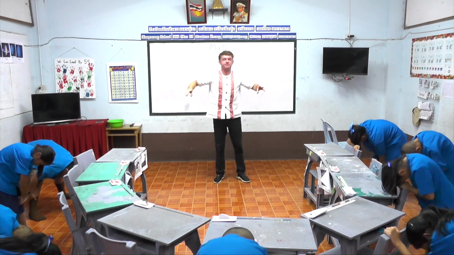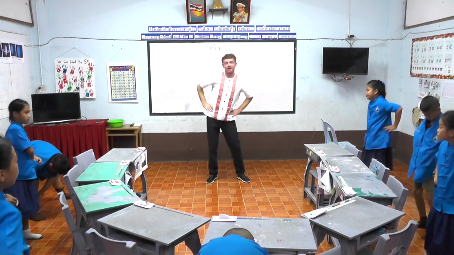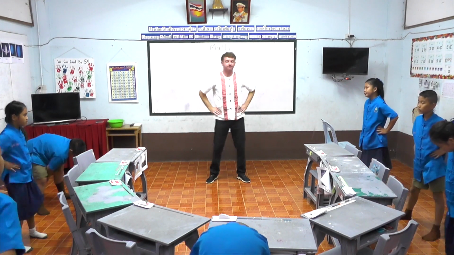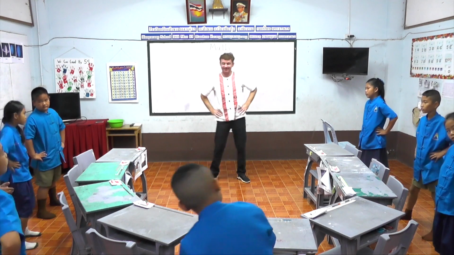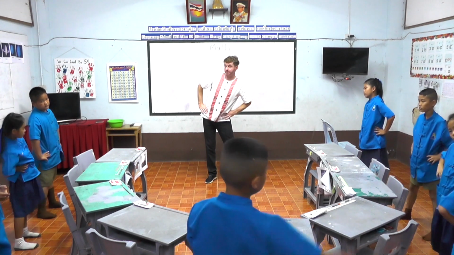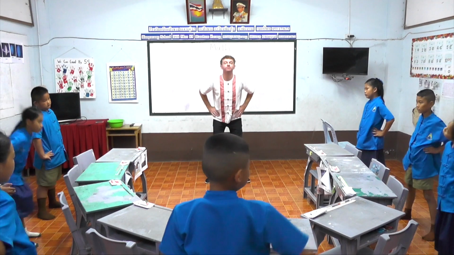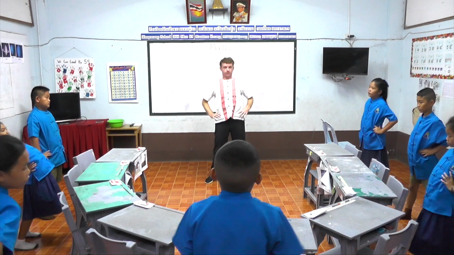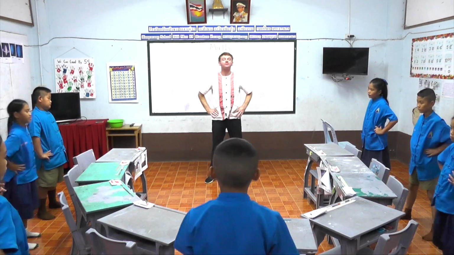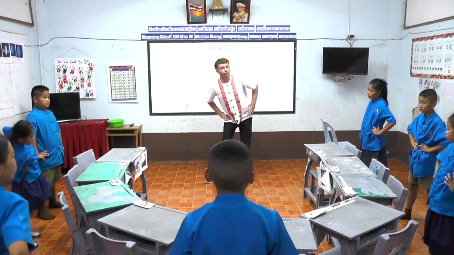Now hands on hips and wiggle side to side. Stop. Another wiggle, side to side. Stop. Forwards, backwards, forwards, backwards, forwards, backwards, and stop. Then we'll go round and round.